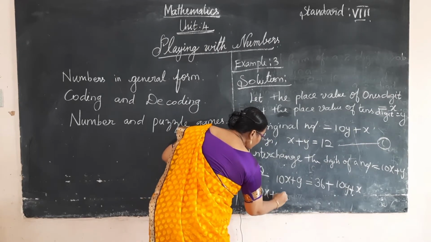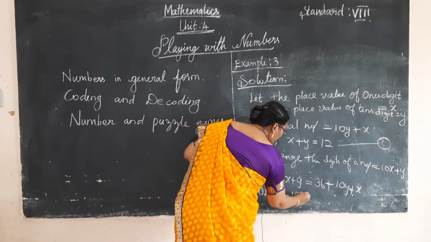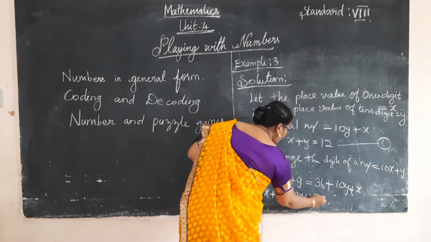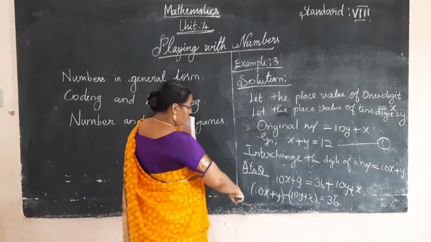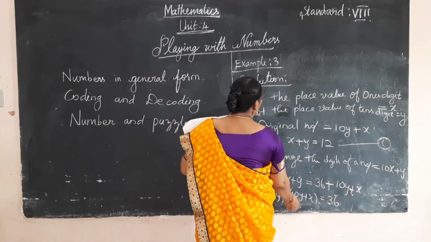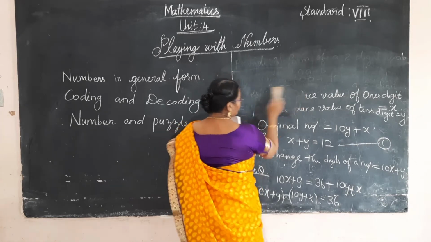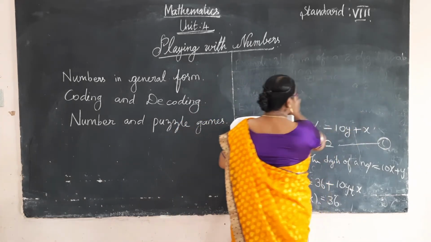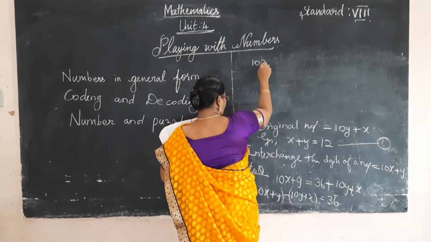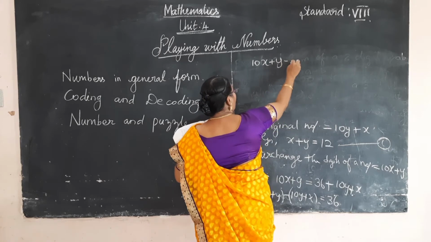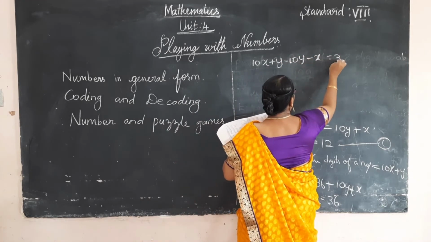So that 10y plus x comes to this side: 10x plus y minus (10y plus x) equal to 36. Now multiply the subtraction in each term: 10x plus y minus 10y minus x equal to 36.